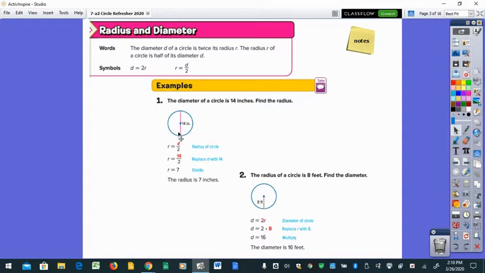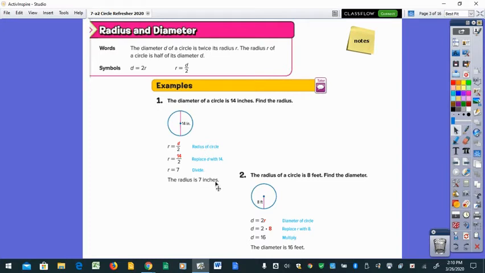Now, if you're given the diameter and you need the radius, you have to take that longer distance and cut it in half, divide it by 2. So if the diameter is 14, divided by 2, 7 would be the radius, and in this case, the units are inches.